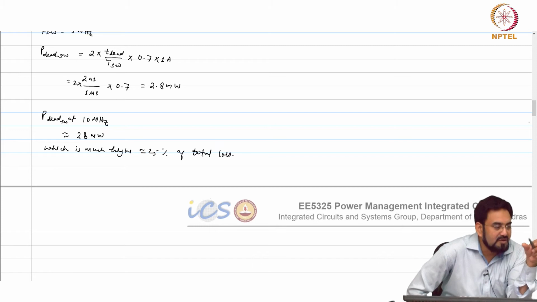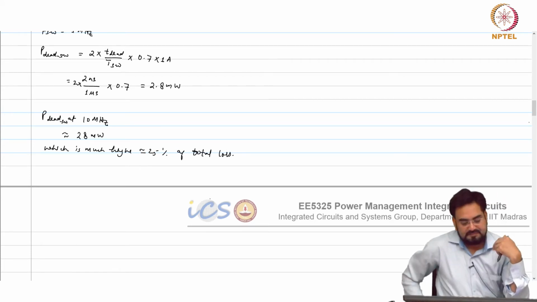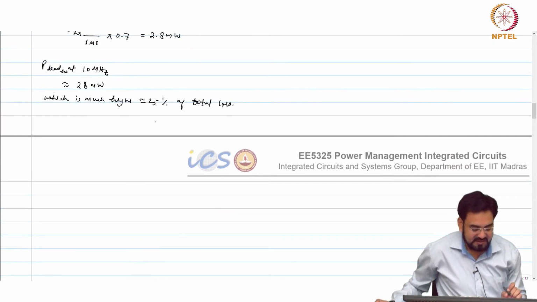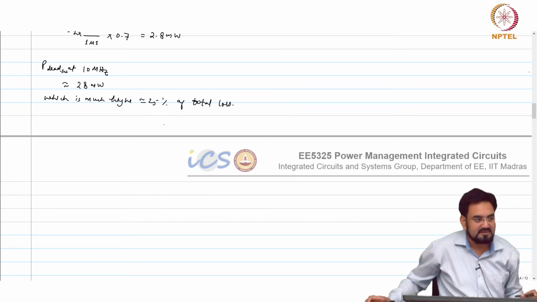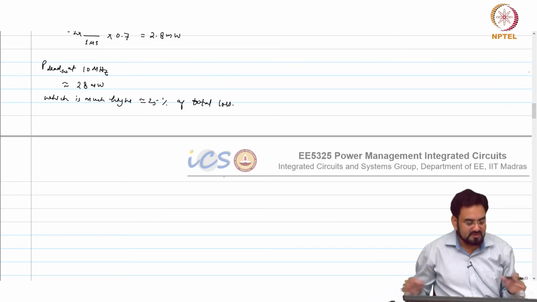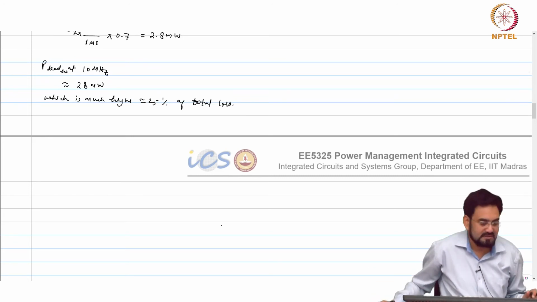I square R loss will automatically scale down because now your load is roughly 1/10. 1/10 means 1/100 will be the I square R losses, because it is a square. So, I square R loss will not dominate in that case, but switching loss will start dominating and this will limit your efficiency. So, you have to do some exercise. It is not that you choose at one load and just straight away decide and start designing. You have to make sure throughout the load current you maintain high efficiency, and that is how you choose the switching frequency.